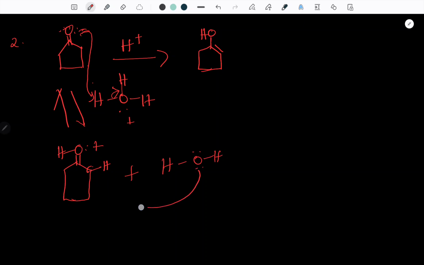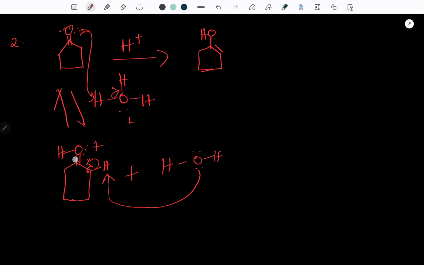Now it uses one of its lone pairs to attack the hydrogen, expelling this bond, forming a double bond between this carbon and that carbon. So now this carbon in the middle here cannot support 5 bonds.